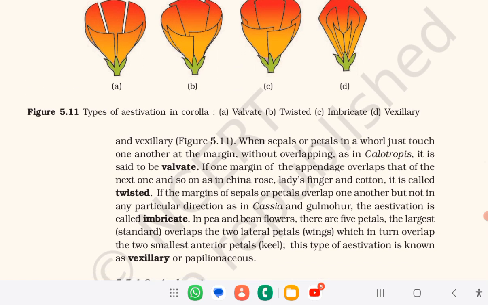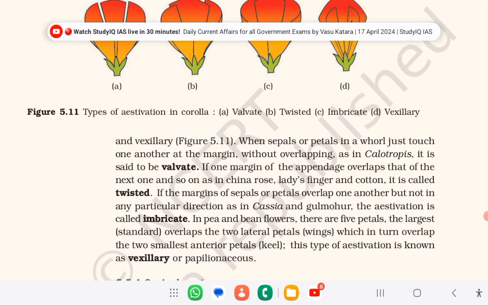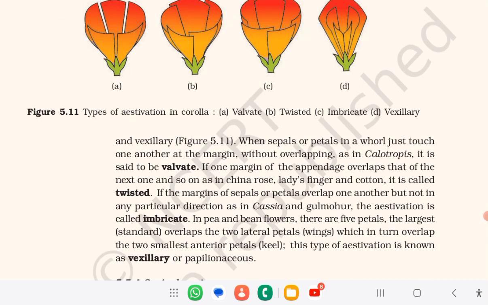When sepals and petals in a whorl just touch one another at the margin without overlapping, as in calotropis, it is said to be valvate.